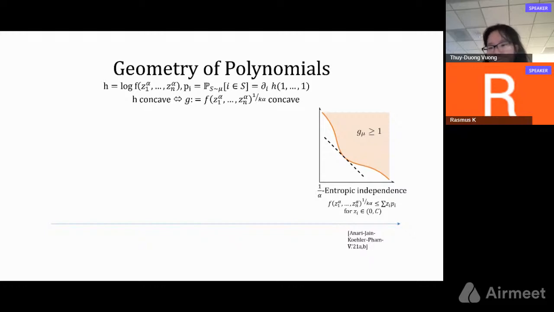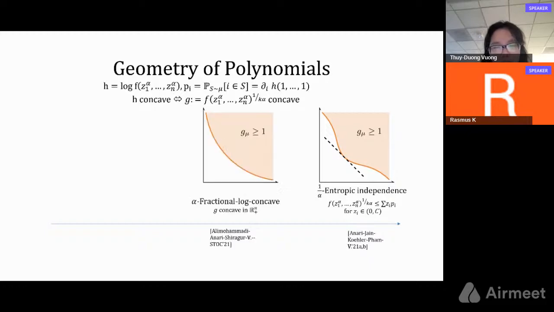Okay, so we can view entropy independence as the fact that g is bounded above by the tangent plane at the all-ones point. So this inequality is g(z_1 to z_n) at most the sum of z_i times p_i. And p_i is the partial derivative of h, but also the partial derivative of g if you scale things in the correct way.